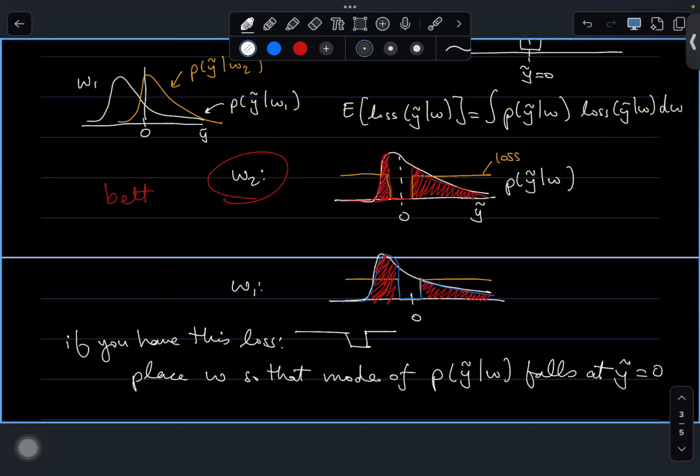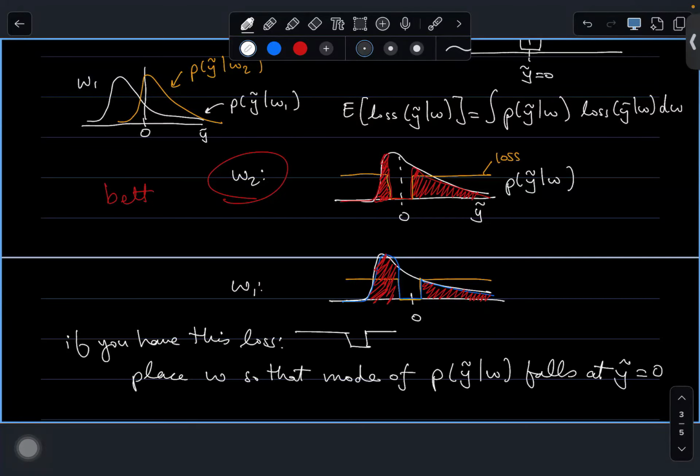So what this is saying is that if this is the loss that you have, then you want to place your finger in such a way that you get as many P's inside the bottle as possible, and you don't care about what's on the outside.